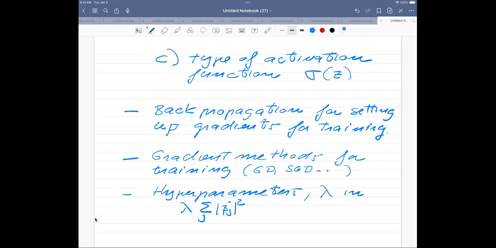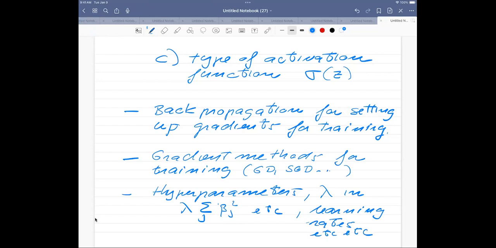I have a beta j squared, etc. We have the learning rate, which is a hyperparameter, which enters the gradients, learning rates, etc.